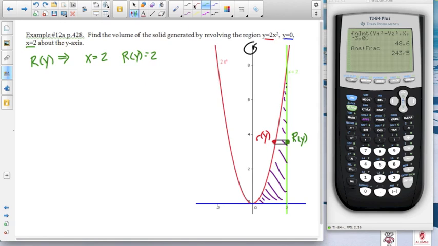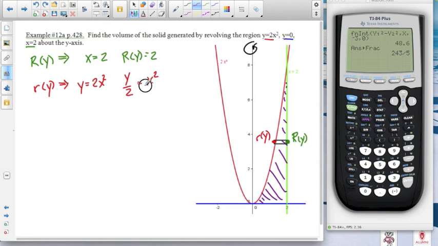Our lowercase r of y is going to come from the quadratic function y equals 2x squared, and solving this for x so we can get it in terms of y is going to make that look like y divided by 2 equals x squared.